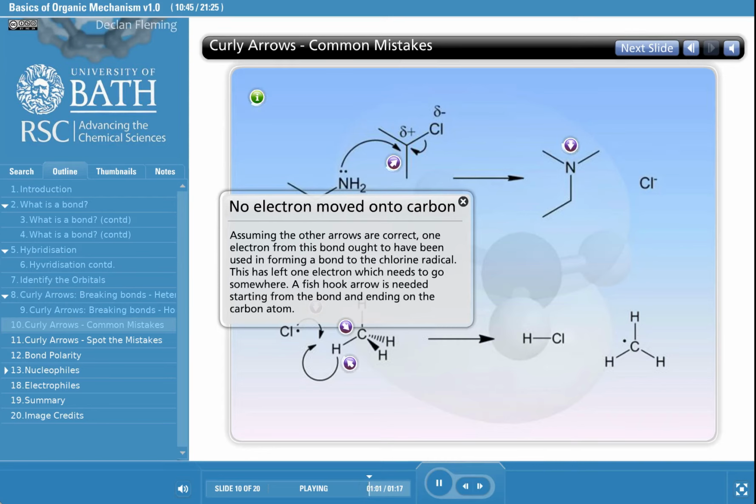Assuming the other arrows are correct, one electron from this bond ought to have been used in forming a bond to the chlorine radical. This has left one electron which needs to go somewhere. A fishhook arrow is needed, starting from the bond and ending on the carbon atom.